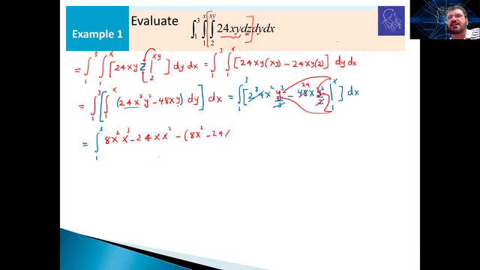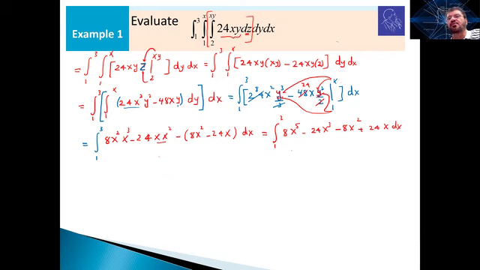Replace, x stays x and replace y with 1. 1 squared is 1. That's it. We close and we say now dx. And this is equal to the integration from 1 to 3 of 8x to the 5 minus 24x cubed. This is x cubed. This one here is minus 8x squared, and the last one is 24x dx.